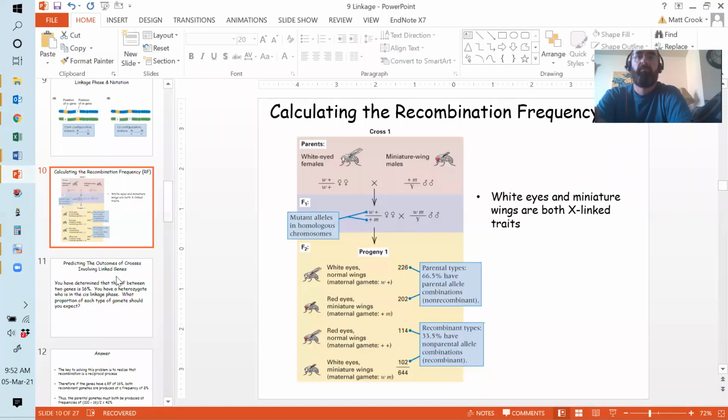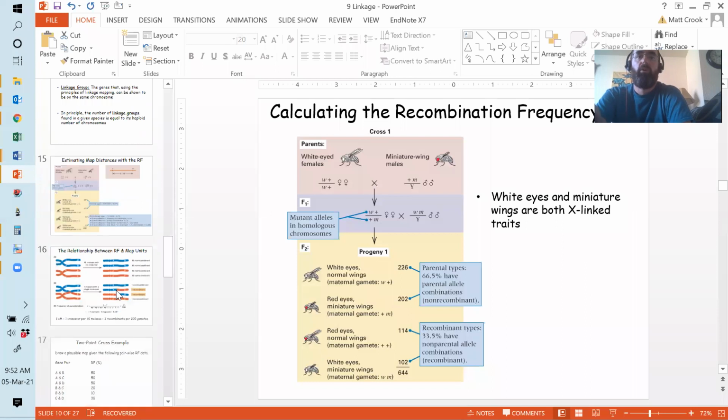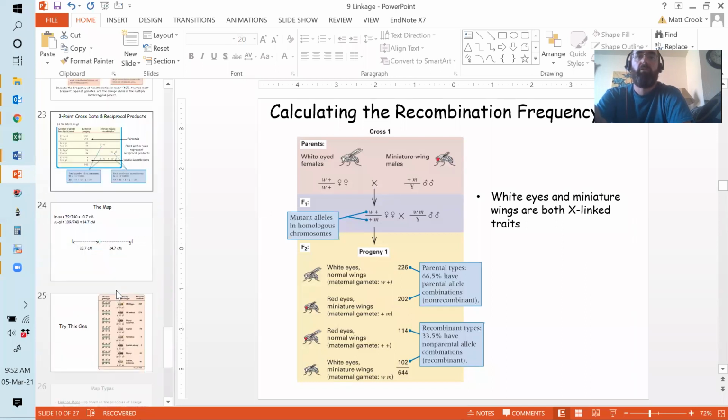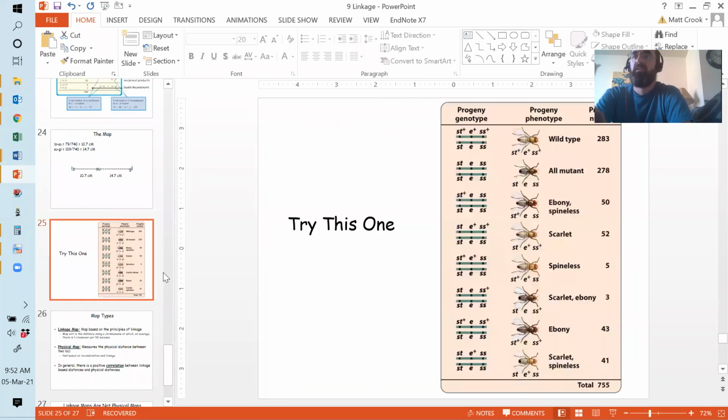And then, I know I'm going over a few minutes, but I'm nearly done. Then I want you to go on and do this one, right, as a practice. And automatically, you can tell which are the double recombinants, right? How can you tell?